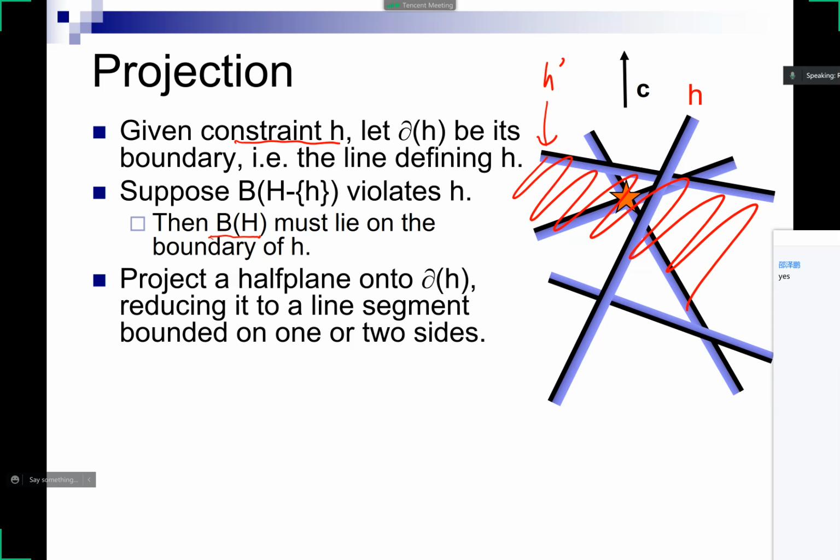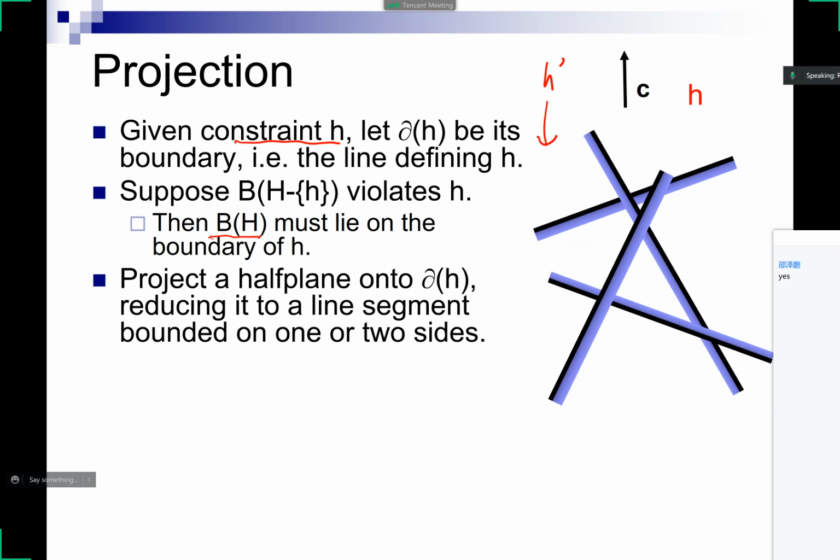When you combine these two constraints, you're going to cut off all of these points over here, which are allowed by H, but not allowed by H prime. So if you combine H prime and H, we cut off all of these top points. Now we've managed to project this constraint H prime onto H.